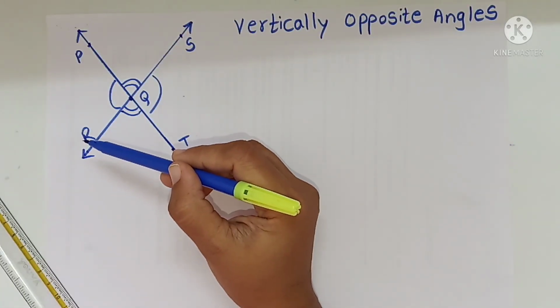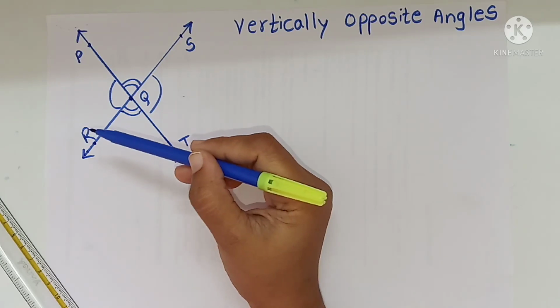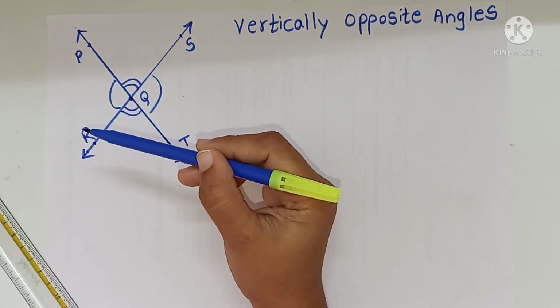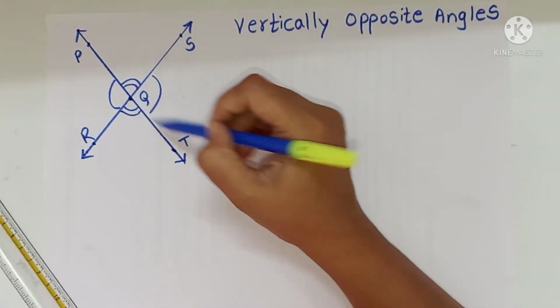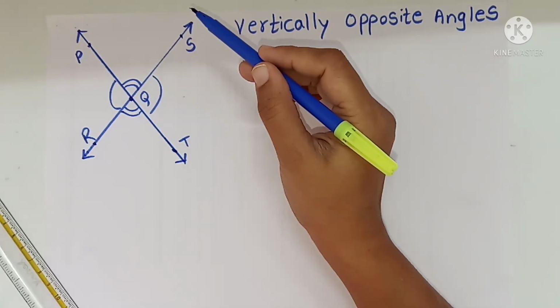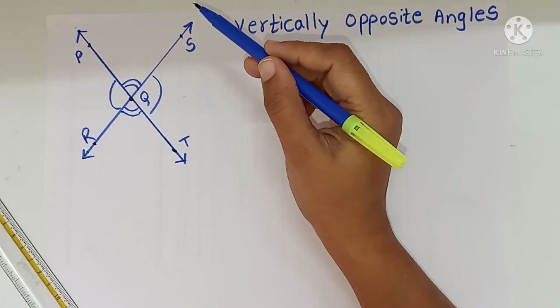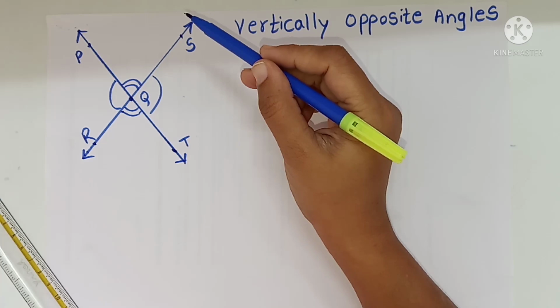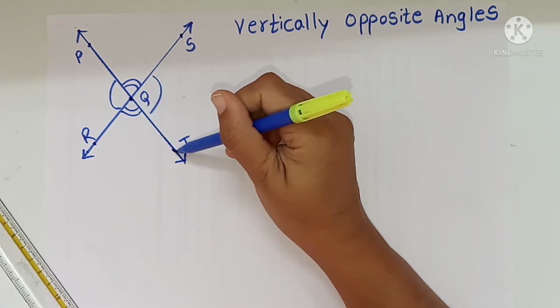The rays opposite to rays QP and QR are QT and QS. These opposite rays form the angle SQT.